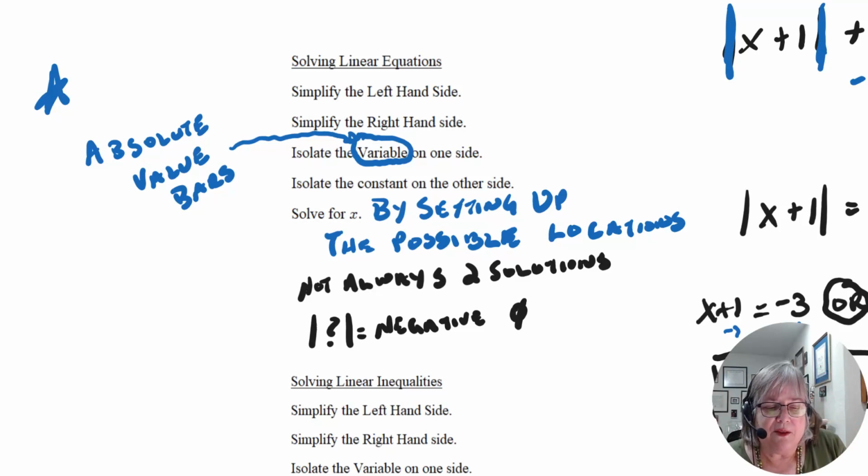All right. So we're going to simplify the left side, simplify the right side, isolate our absolute value bars by shifting all the constants and numbers over to the other side that are outside the absolute value bars. Then we're going to solve for x by typically, not always, but most of the time, having two possibilities. All right.